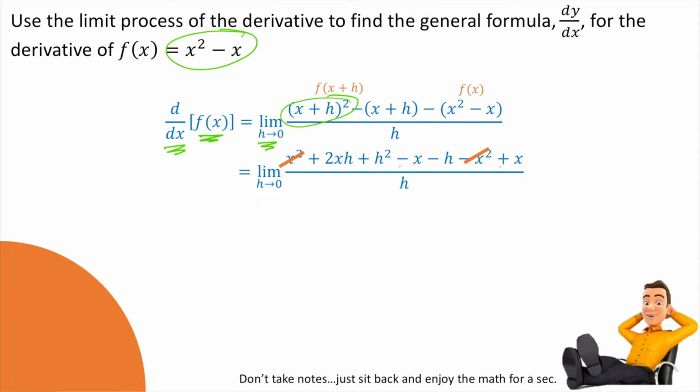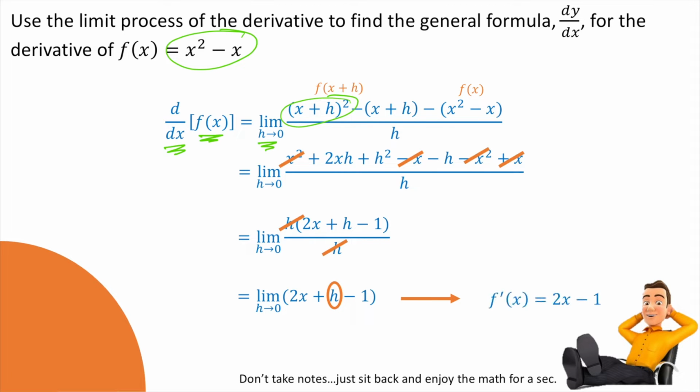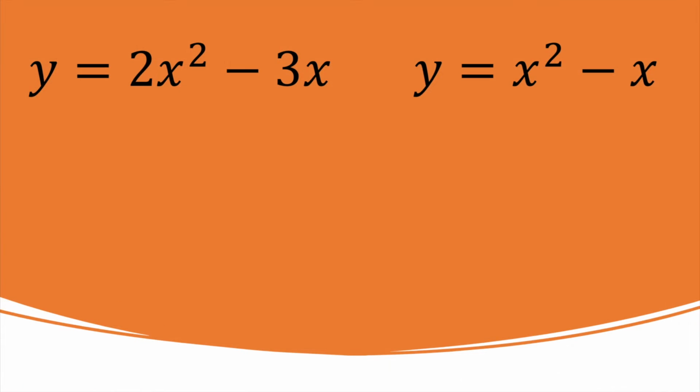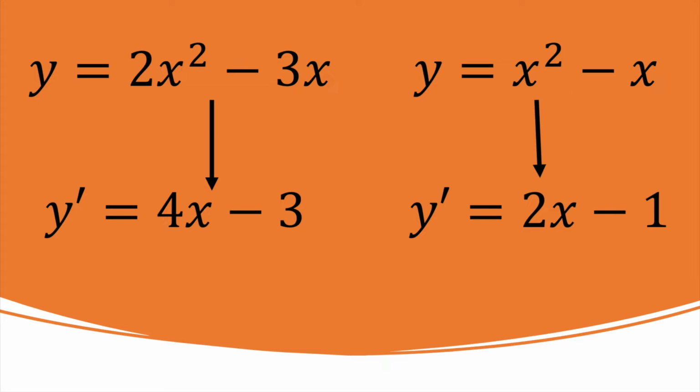Then cancel out like terms, factor out an h, cancel that sucker, plug in 0 for h, and we finally have 2x minus 1. That's the long way.